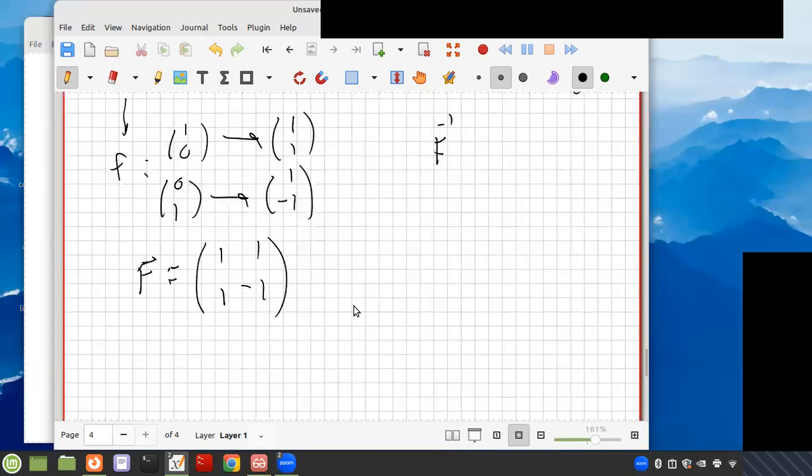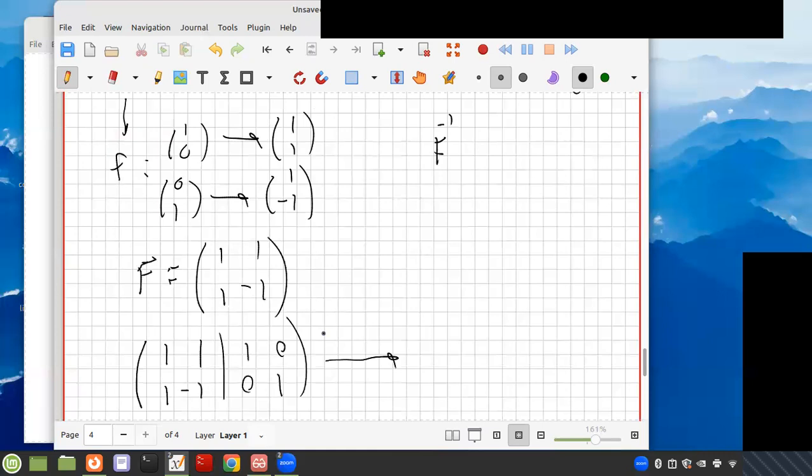So let's see what the inverse is. What's the inverse of this map? Well, to do that, you remember the giant augmented matrix there, and then we can do minus row 1 plus row 2 to get 1, 1, 1, 0, the first row, and then minus 1 plus 1 is 0.